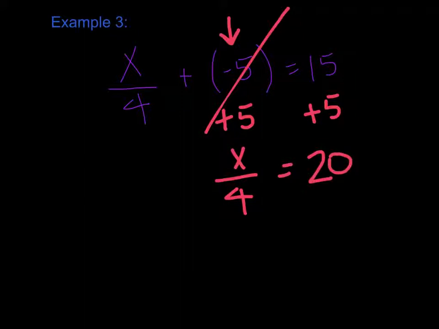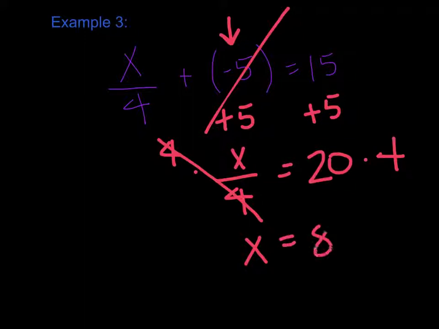The operation being performed on the variable x is division. Therefore, I should multiply both sides of the equation by 4. This leaves me with x equals 80. Since my variable is now isolated, my solution is 80.